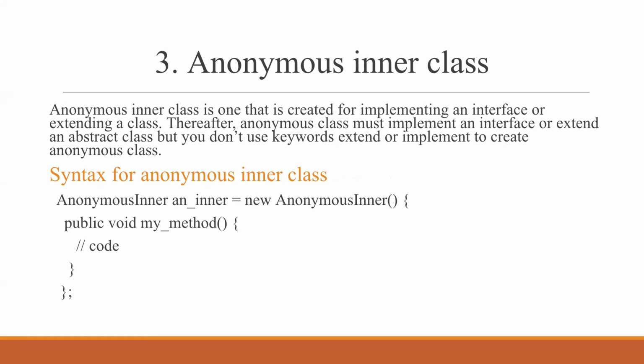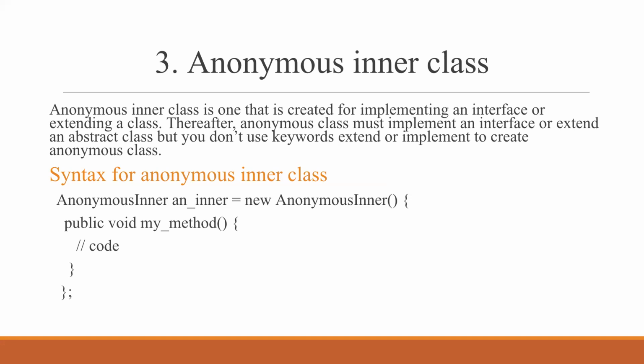An anonymous class must implement an interface or extend an abstract class, but you don't use the keywords extend or implement to create it. Basically, it is a class that has no name. You need to note that in your head. So how do we create it? We use an abstract class or an interface.